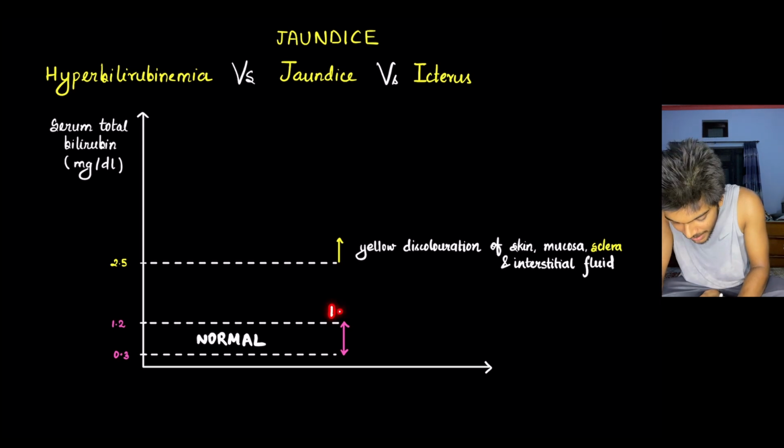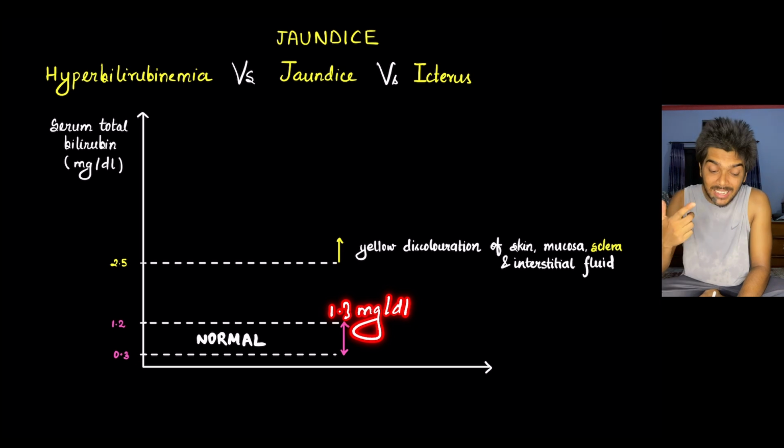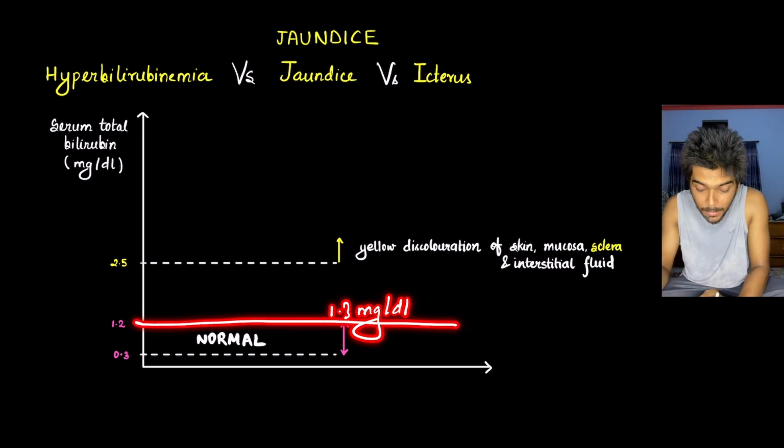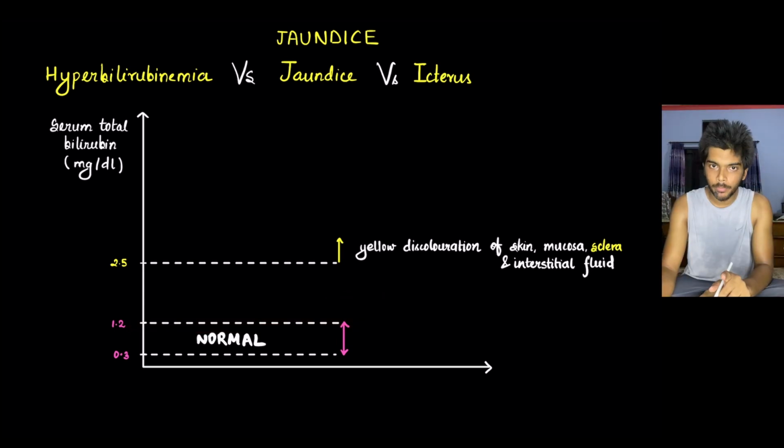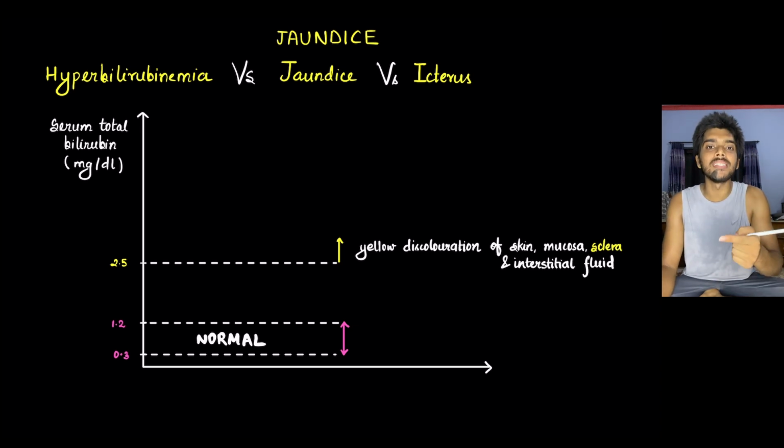Even if it is 1.3 milligram per deciliter, it is still greater than the upper normal limit. This is hyperbilirubinemia. But just because a patient has hyperbilirubinemia doesn't mean he also has jaundice.